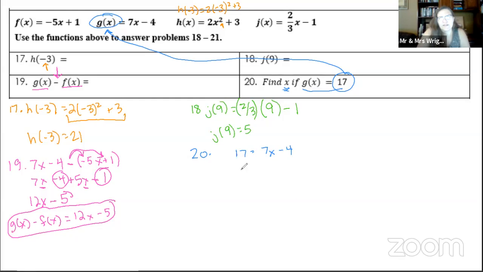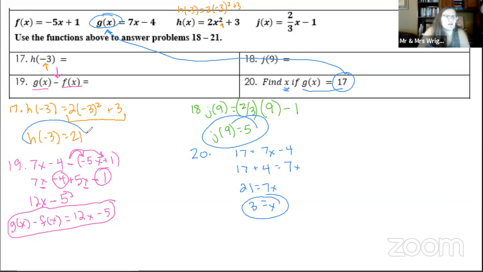Now we solve for x. So I'm going to have 17 plus 4 equals 7x. My minus 4 switched sides from the right to the left, so it had to switch signs from negative to positive. 17 plus 4 is 21. 21 equals 7x. I need to divide both sides by 7, and I'm going to get 3 equals x, which is the same thing as x equals 3. So that's my final answer.